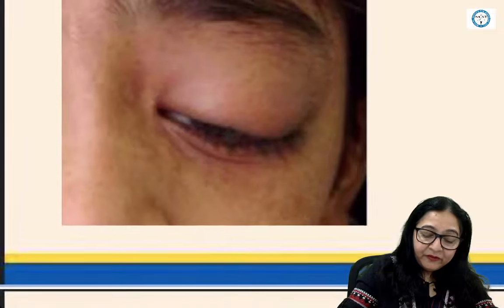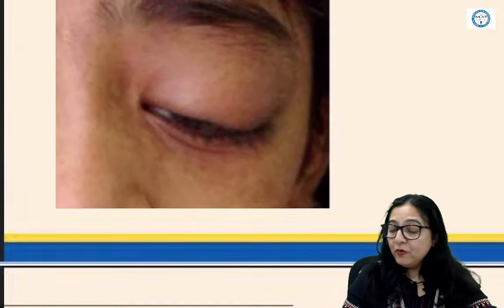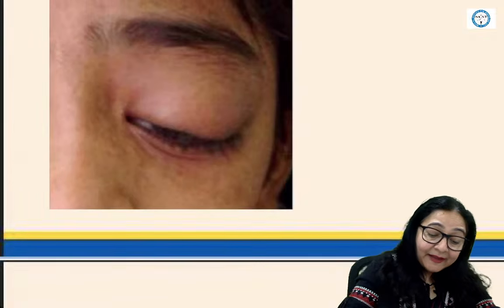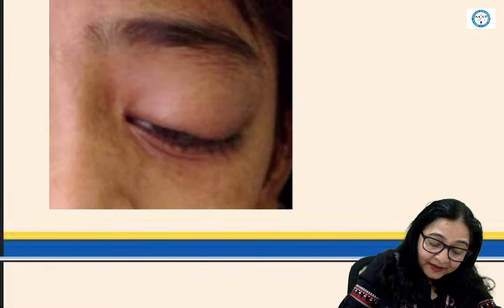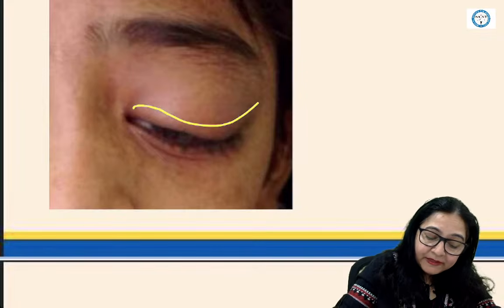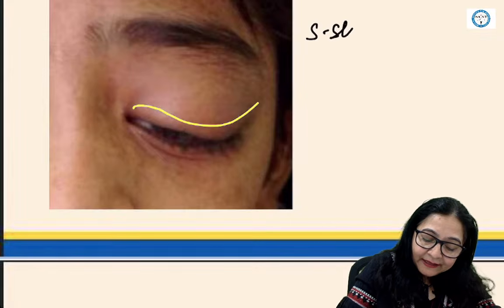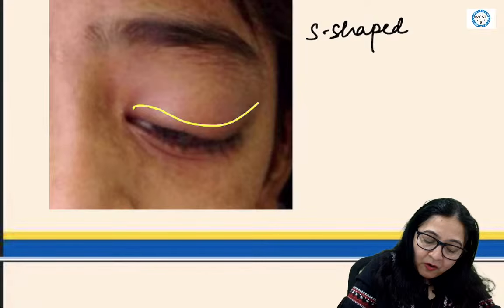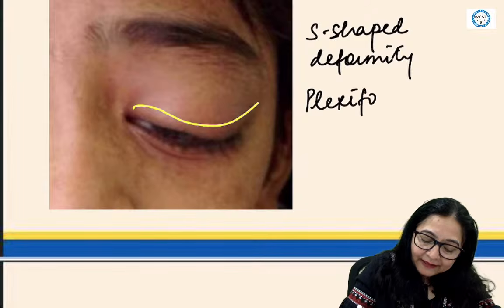So when these patients have neurofibroma in the eyelid, beta, that gives an S-shaped deformity to the eyelid because of plexiform neurofibroma of the eyelid.